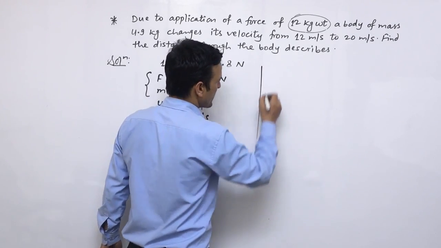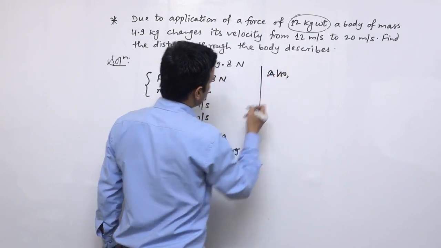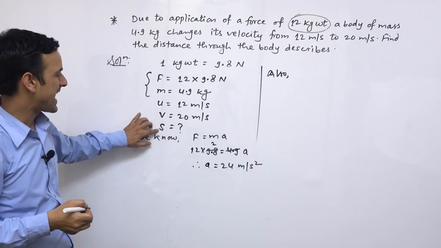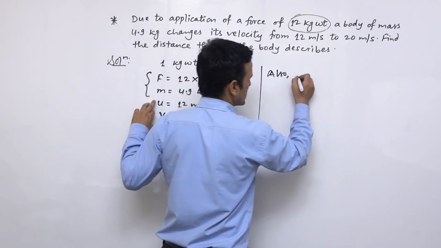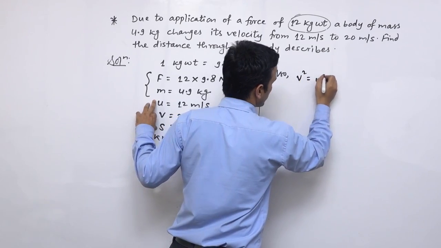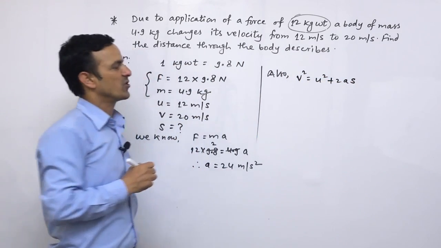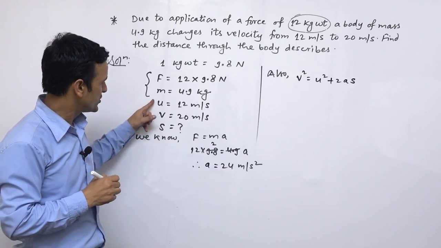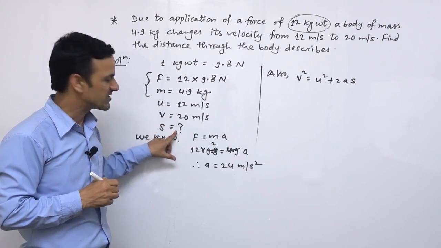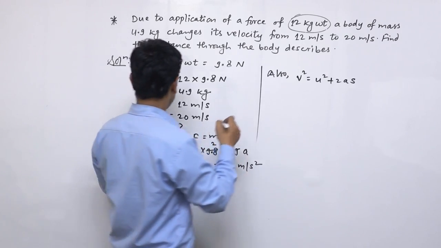So in this way we can find out another result. Using U, V and S, we can use another equation. So it will be V square is equal to U square plus 2AS. This is another equation of motion which is useful to find the distance S. So write down the values.